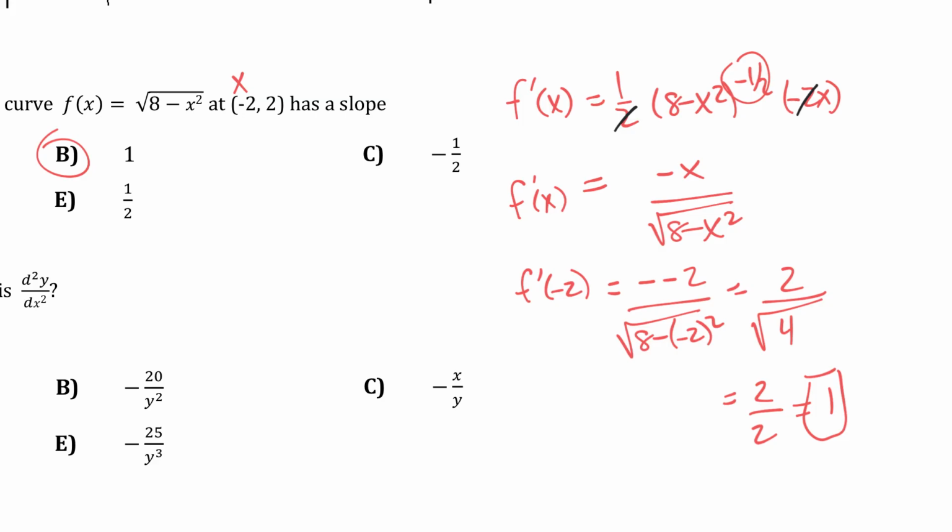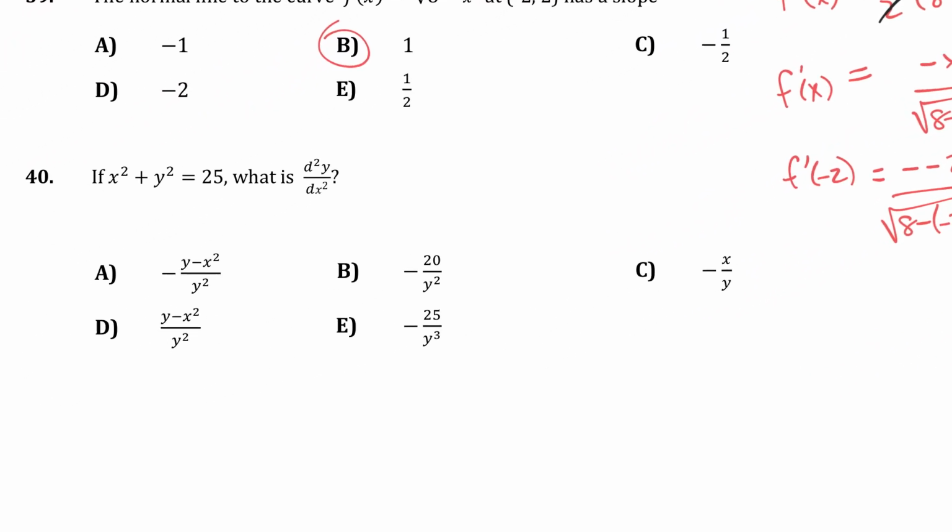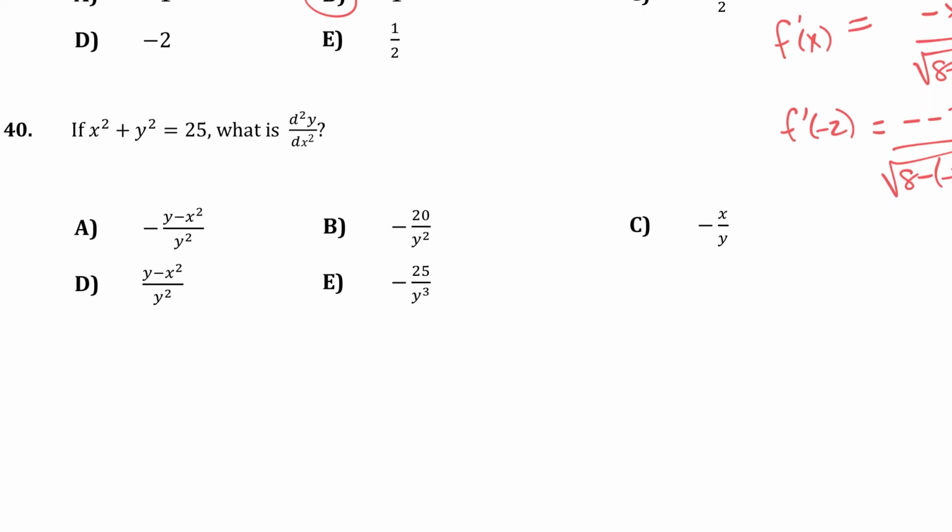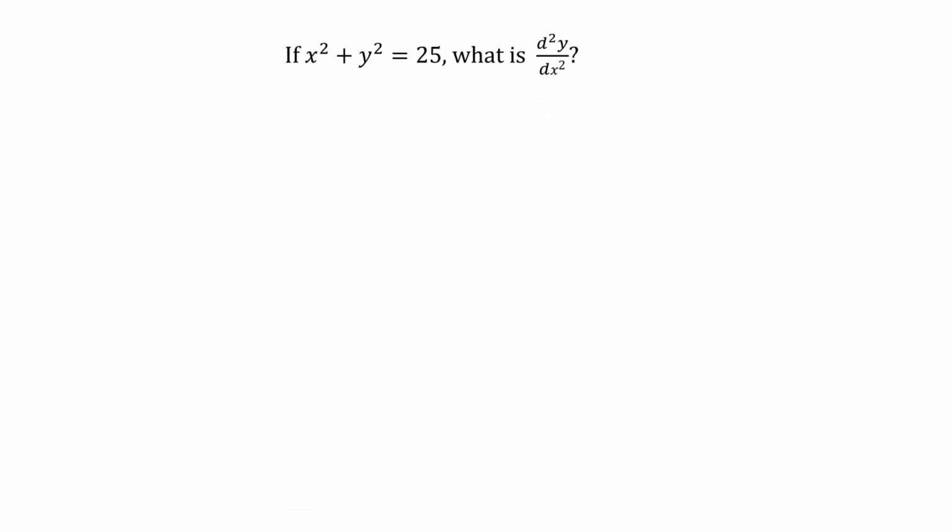And whew, our last one here, the last question. If x squared plus y squared equals 25, what is the second derivative, d squared y over dx squared? Let me do this here. And it's going to take a little bit of work. The first part's pretty easy.